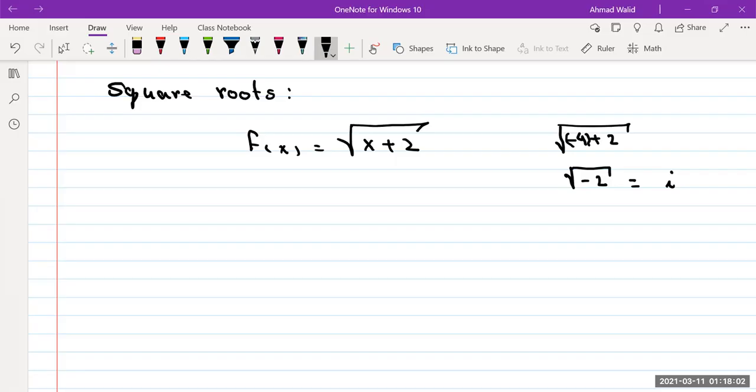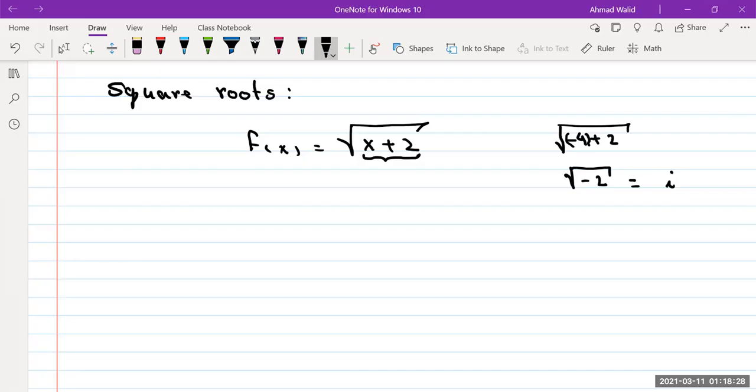It's imaginary. The square root is imaginary, not real. Then the domain of a square root should have a restriction. Which numbers are changing the value under the square root to a negative? Those are our restrictions, correct?